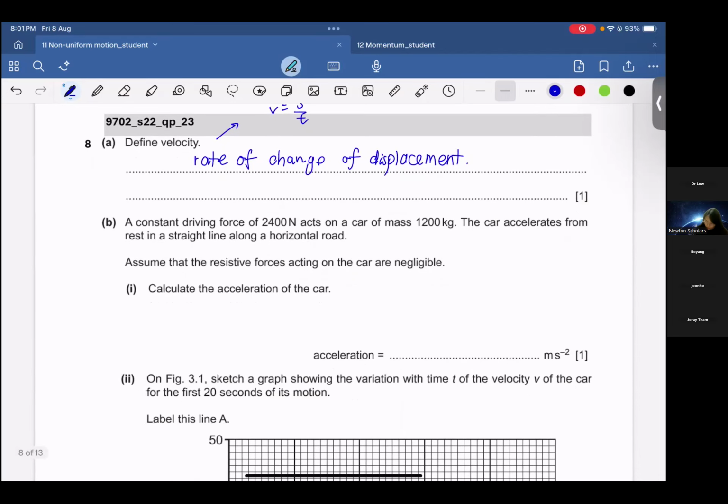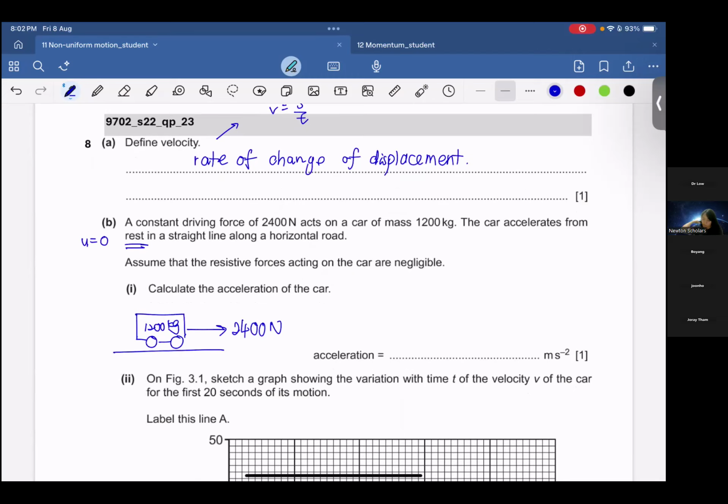A constant driving force. Okay, let me draw it out. So we have a driving force, 2,400 Newton, acting on a car of mass 1,200 kg. The car accelerates from rest, so one piece of information: u equals 0. Assume that the resistive force is negligible, so we ignore it. There is only 2,400 Newton.